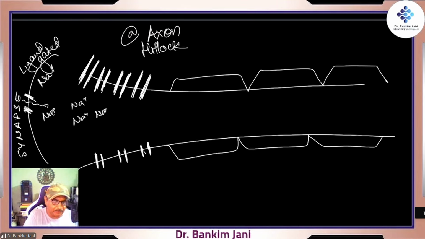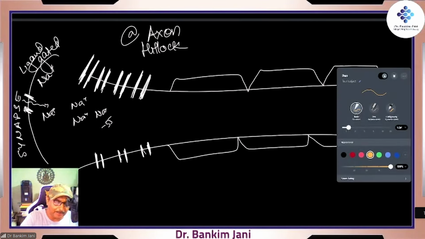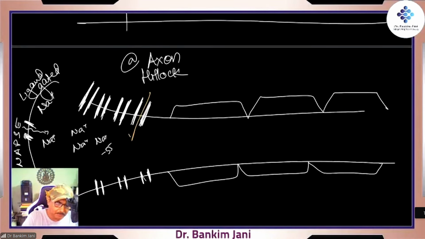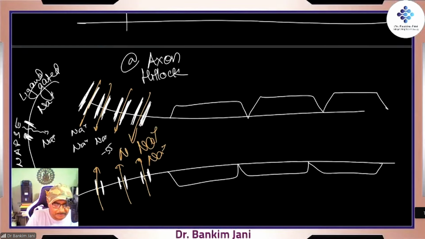And as soon as the voltage strikes -55, there is a rapid bombardment of sodium, right? Within a split second, there is a large amount of sodium present over here. Everything is happening at the axon hillock.